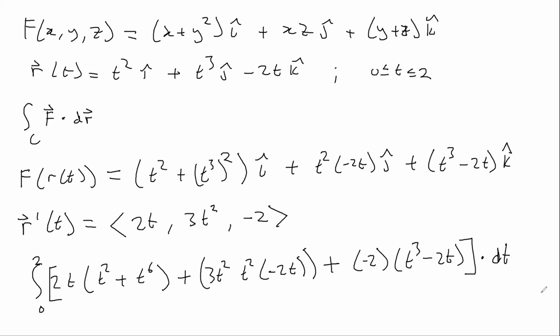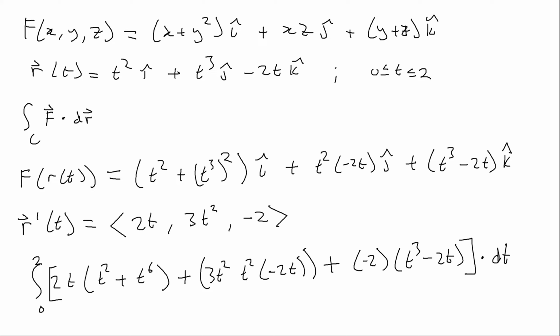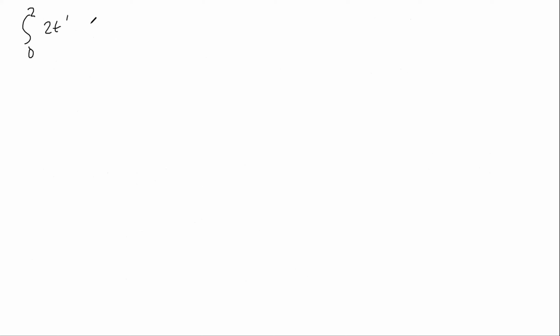I can simplify this down. Doing the integral from 0 to 2, let me write it down again: 2t multiplied by t squared plus t to the power 6, plus 3t squared times t squared, so that's 3t to the power 4, multiplied by negative 2t, and we're adding this with negative 2t cubed plus 4t.